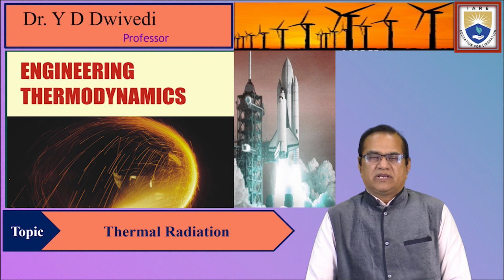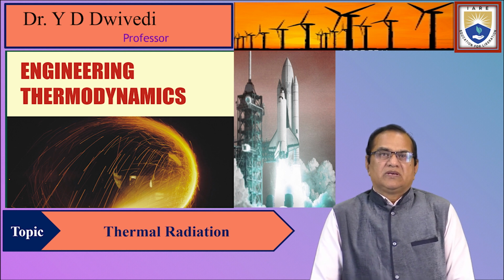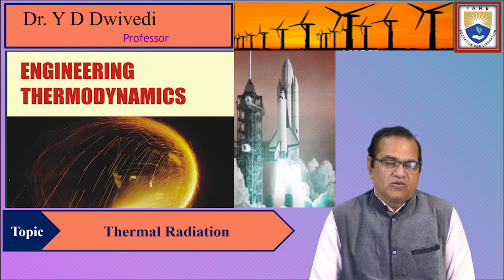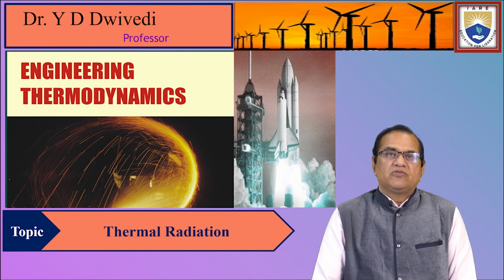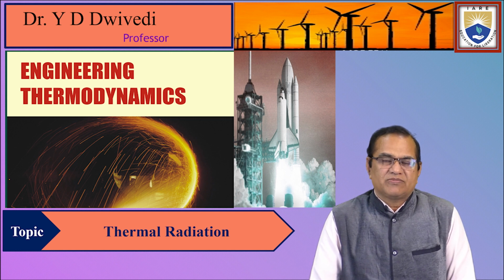Before I start, as of now, we have already completed Module 1, Module 2, Module 3 and Module 4. In these modules, we have seen the 0th law, 1st law, 2nd law and 3rd law of thermodynamics.